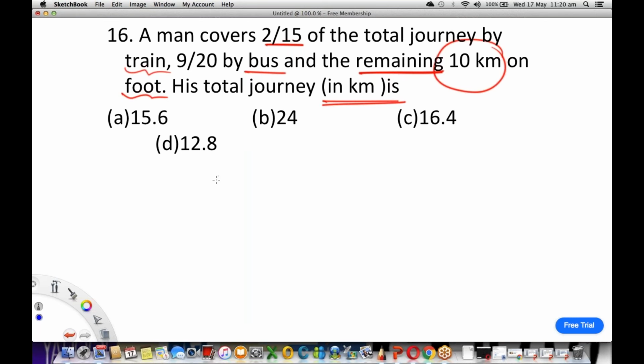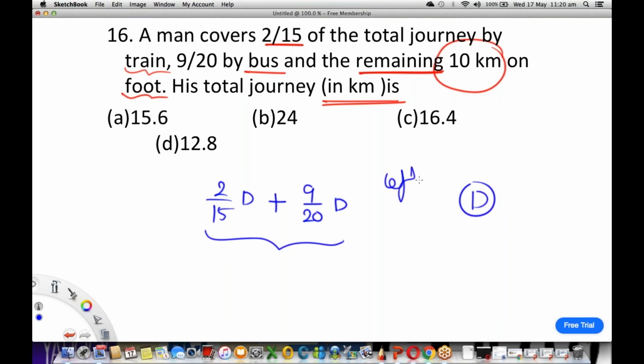So you very well know that 2/15th of the distance is over by train, plus 9 by 20 of the distance is also over. So assume the total distance as D. If the total distance is D, this part is over. Whatever fraction is left, that is equal to 10 kilometers. Get that fraction and equate it to 10 kilometers, and you can easily find the distance, right?